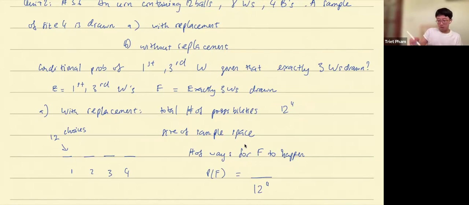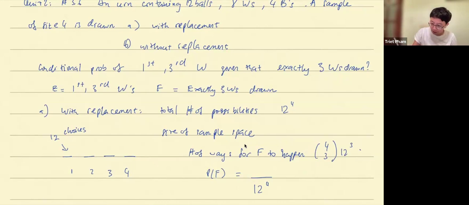How many ways for us to have 3 whites in these 4 positions? It is 4 choose 3 times 8 cubed times 4.